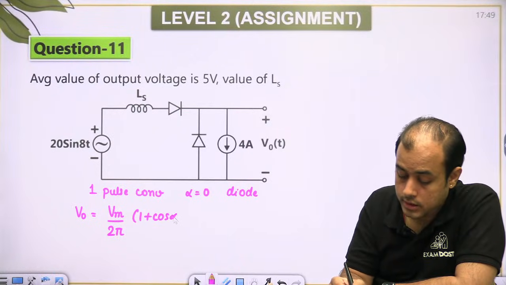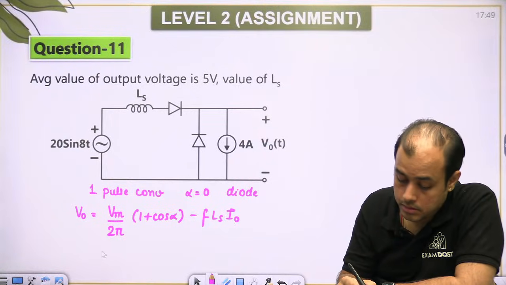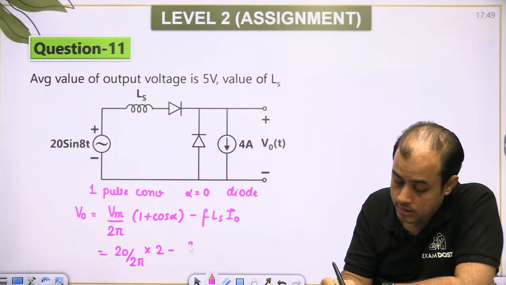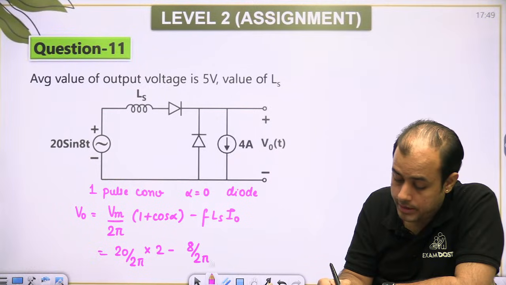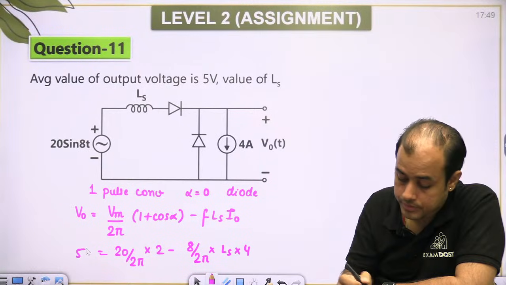1 plus cos alpha. Now alpha is 0. F is omega by 2 pi. I naught is 4 ampere.